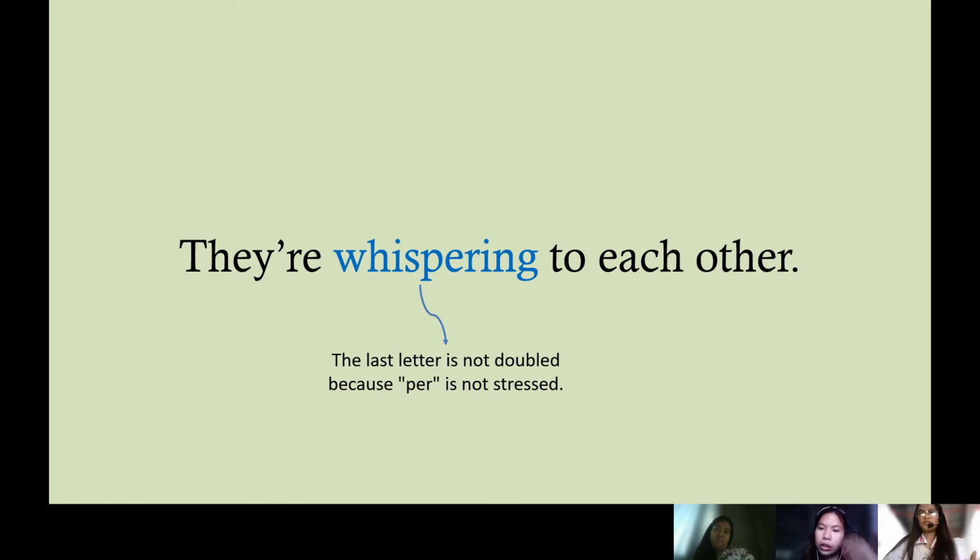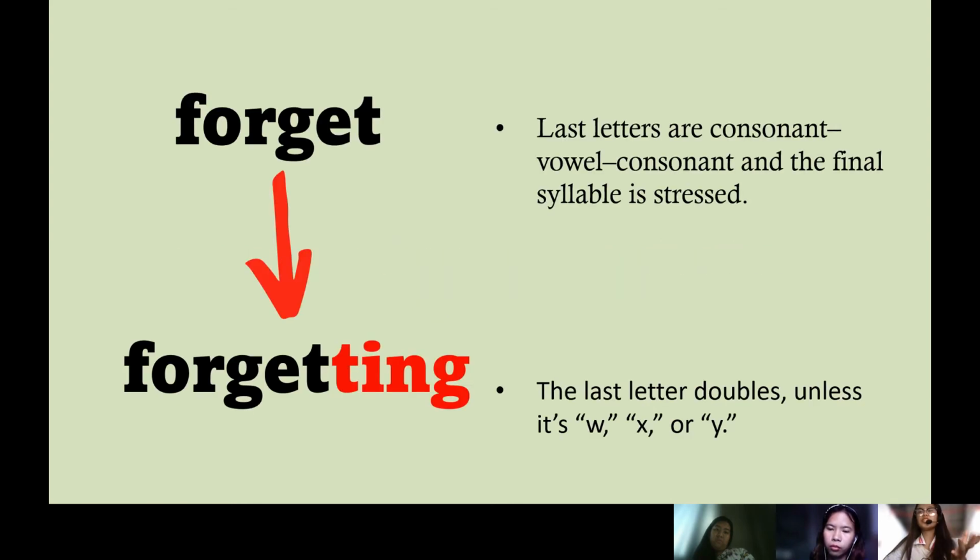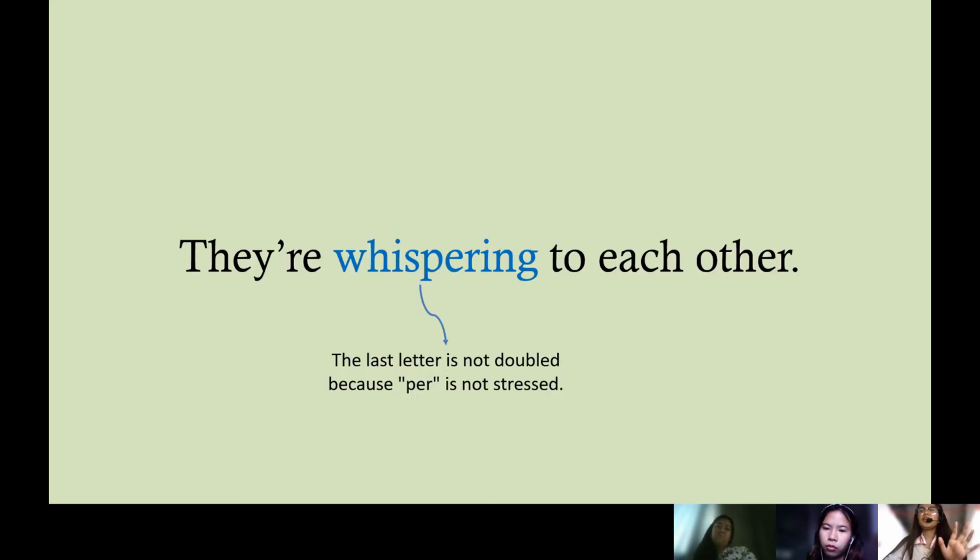So, because of that, hindi na natin kailangan i-double yung letter R. Kasi 'di ba kanina ang sabi natin that letters that do not end with W, X, or Y, we can double them, and then that's the time we can add the ing. Pero this time kasi, hindi naman natin ini-stress yung per in the word whisper. That's why we don't have to double the letter R sa spelling. Okay, did you get it?